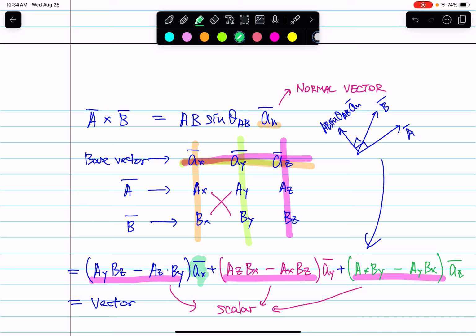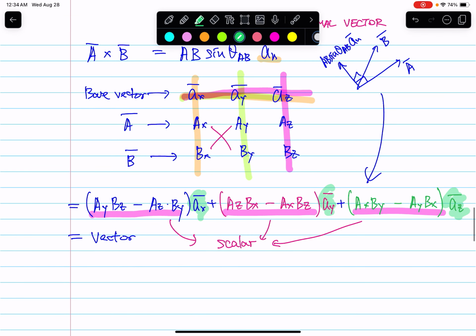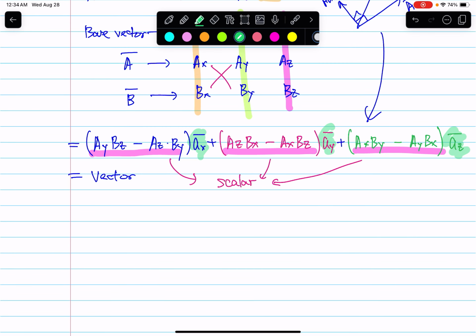This one and this one are the base vectors. So the total result of A cross B is still a vector. Okay. So that's how you do it.